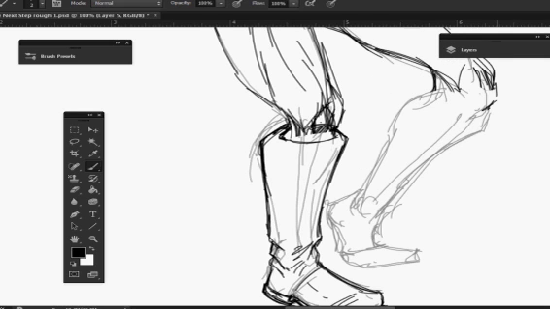So, this is what I usually use reference for: drapery. The sagging of the boot around the ankle is very important to give it that sense of volume, like there's an ankle in there.